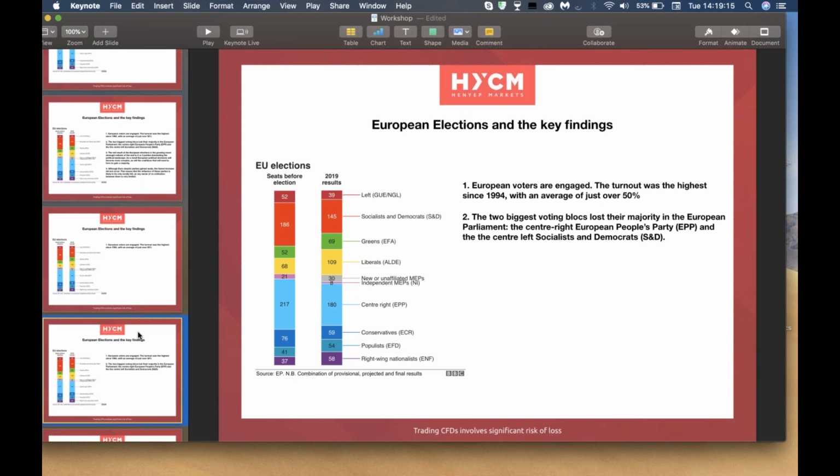So this is telling us that going forward, making decisions for the European Parliament is going to be much harder, because it's going to be harder to get majorities. It's also going to be harder to get agreement. So there are going to be more coalitions forming, and they're going to be more difficult.